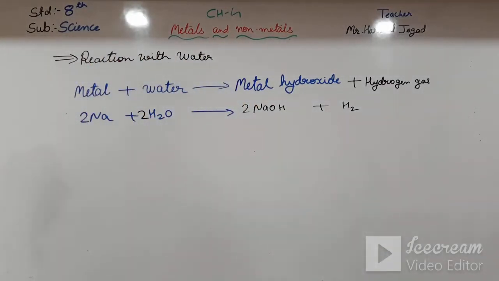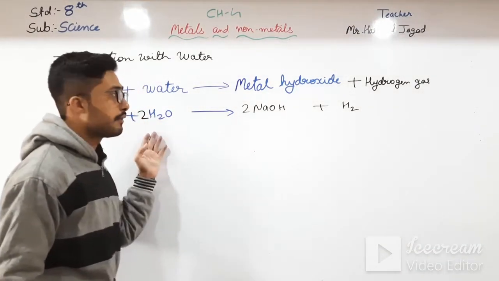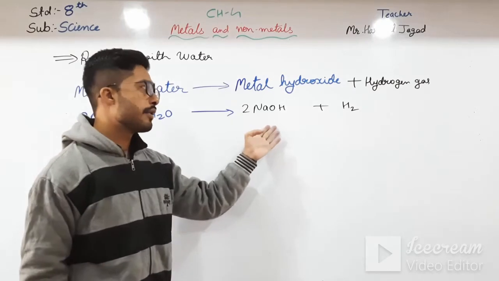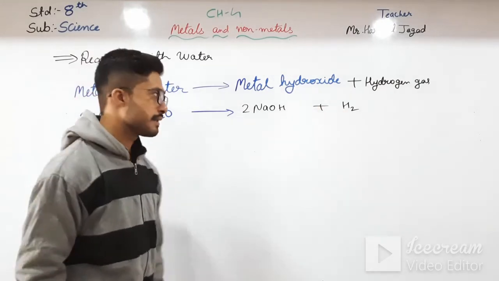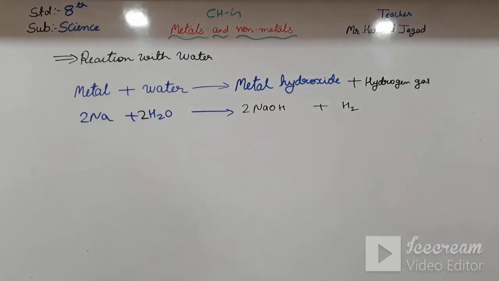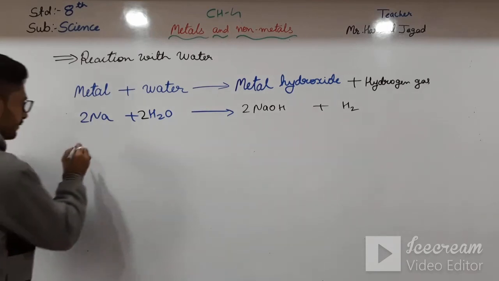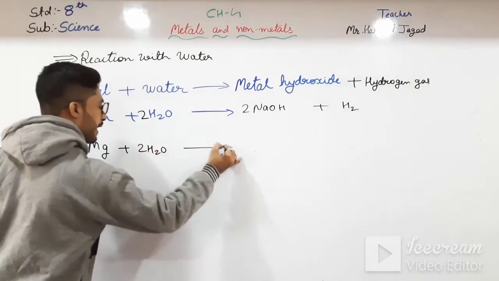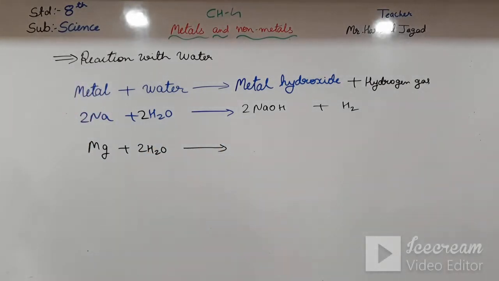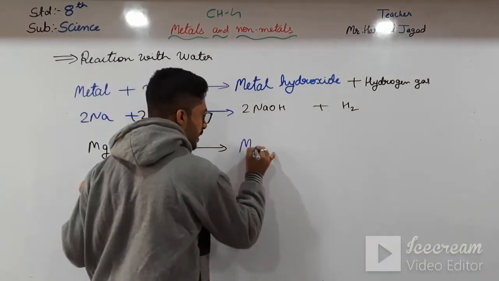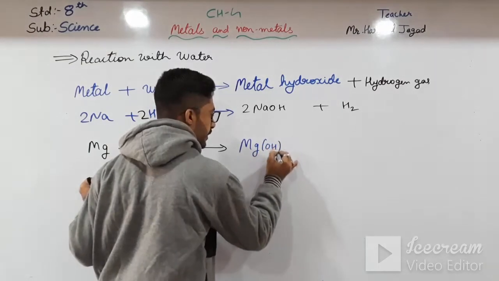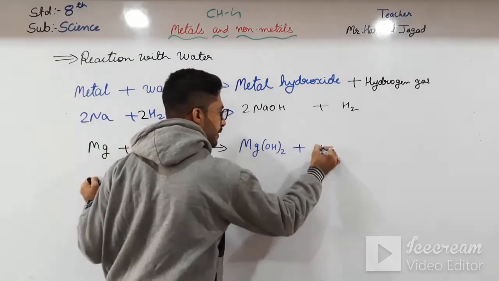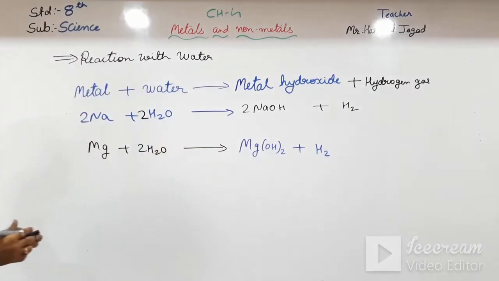Okay, when sodium reacts with water, we get sodium hydroxide plus hydrogen gas. Okay, now another example in this is magnesium. When magnesium, that is Mg, reacts with 2H2O, then what will we get? Magnesium hydroxide, that is Mg(OH)2, plus H2, that is hydrogen gas.